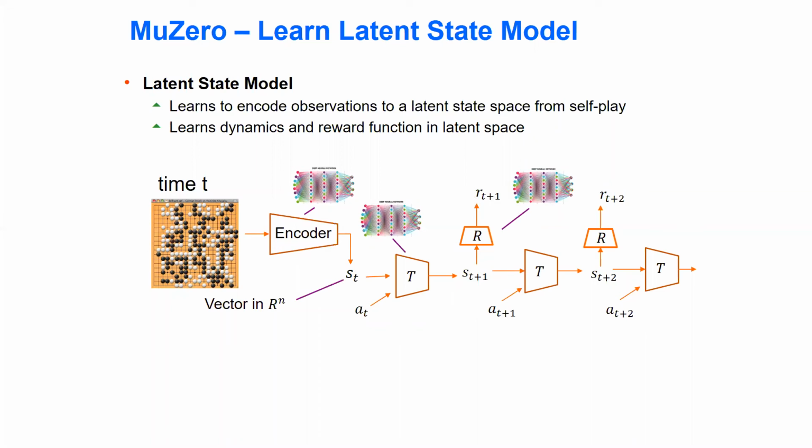And if you think about it, that's all you need to do if you're interested in just doing tree search. Right? As long as for any sequence of actions, you can predict the sequence of rewards accurately, it doesn't matter if this t+1 corresponds to what you would have got if you encoded the observation at t+1, which is very weird, I know, but it's sort of sufficient.